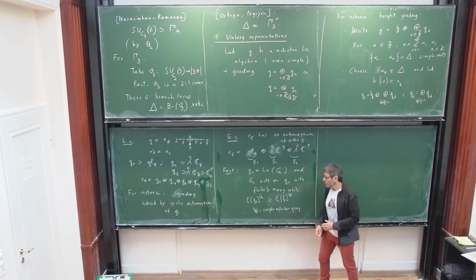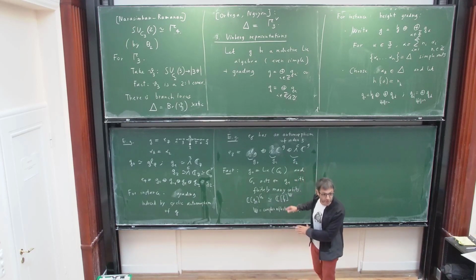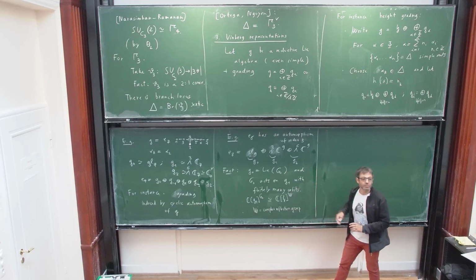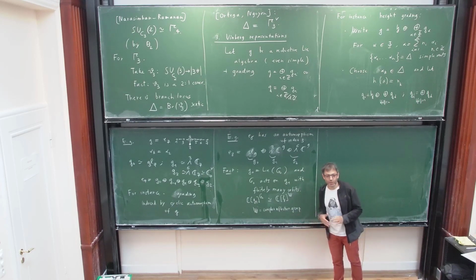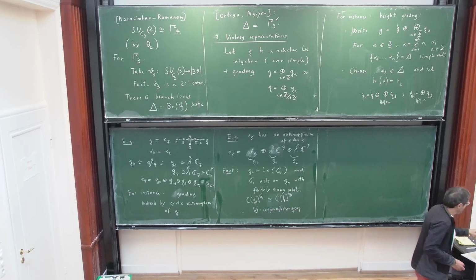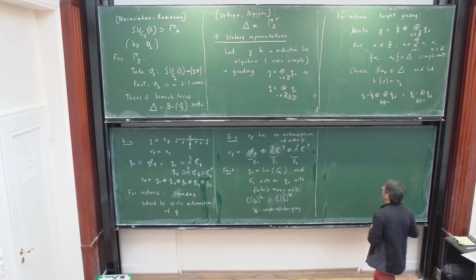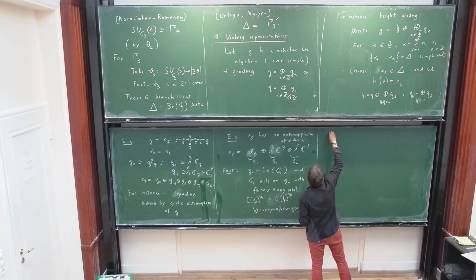So it has many features of the adjoint representation, but it is defined in a different way, and it gives rise to different orbits and so on.